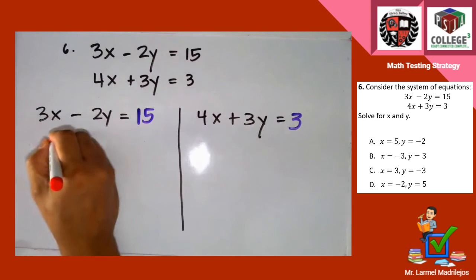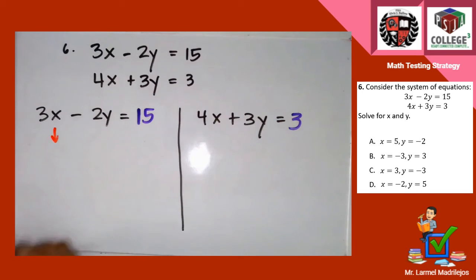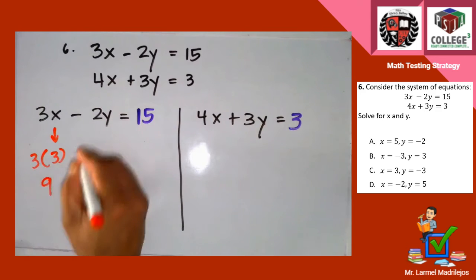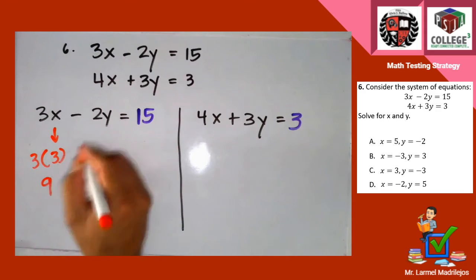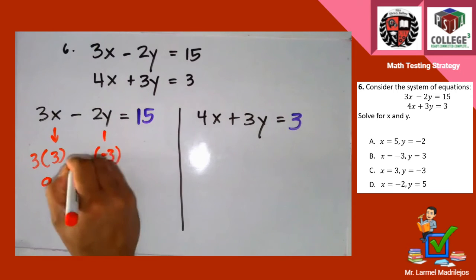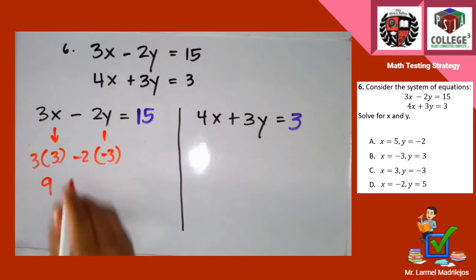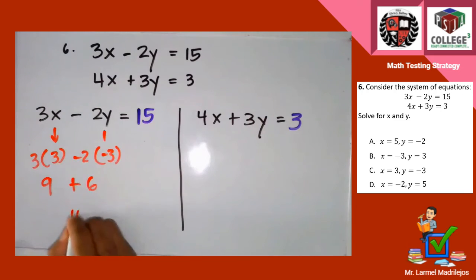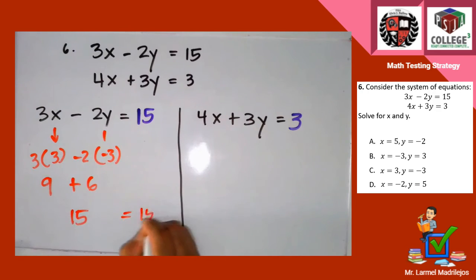Choice C. This is 3 times 3. It's going to be 9. And the y is negative 3 times negative 2 is positive 6. 9 plus 6 is 15. They are the same number. They are correct. We need to verify it on the other equation here.